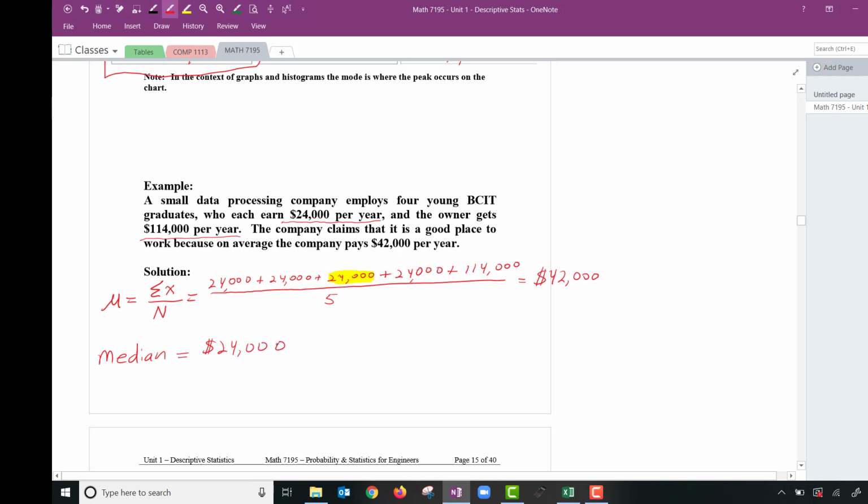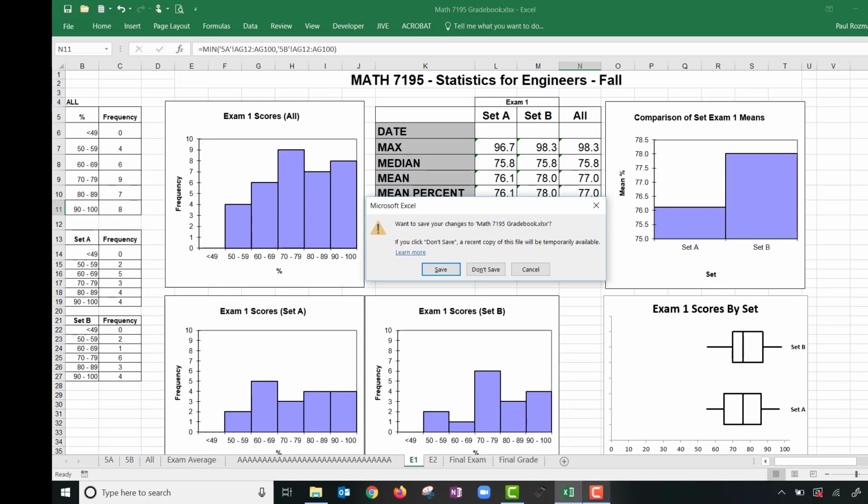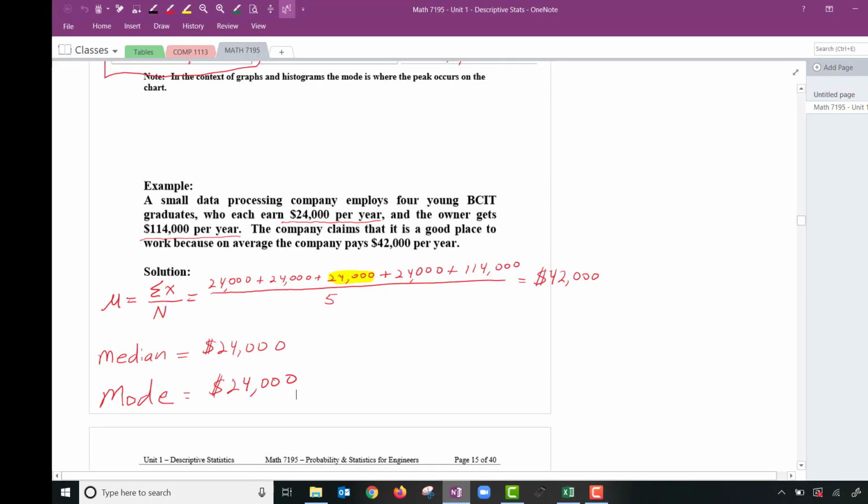Now that is a much better representation of what someone might make at that company. They could even report the mode in this example, because the most frequently occurring salary was 24,000. So there's an exaggerated example of why we might choose the mode or median over the mean.